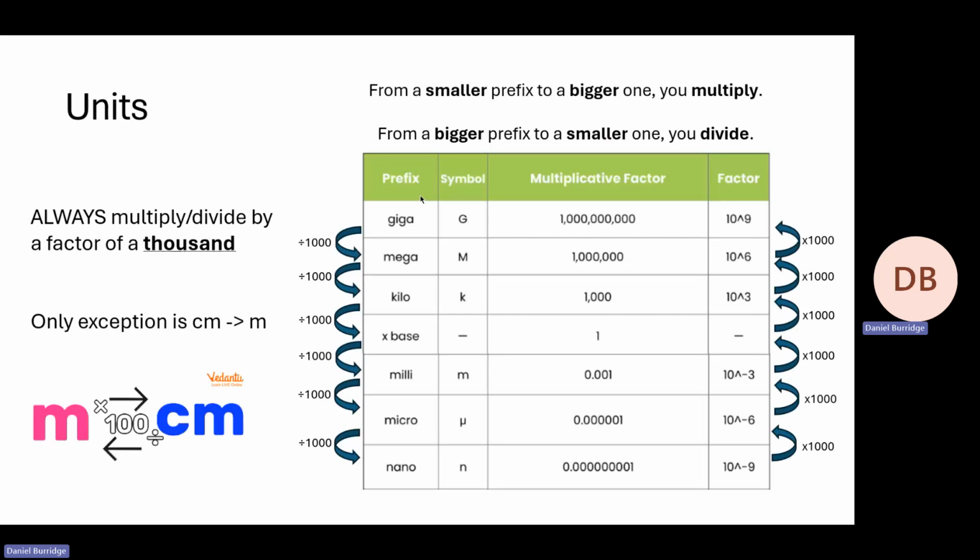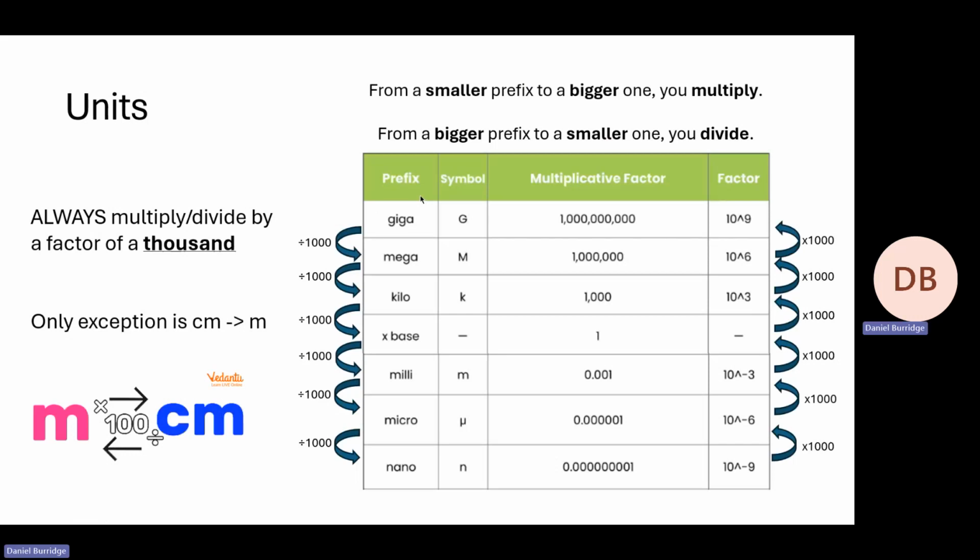Those all mean a factor of 1,000 times bigger. So kilo is 1,000 times bigger. Mega is 1,000 times bigger than a kilo. So that means it's 1,000, in other words, a million times bigger than the base unit. And a giga is 1,000, which is a billion times bigger. But still to go between them, you are always multiplying or dividing by 1,000.